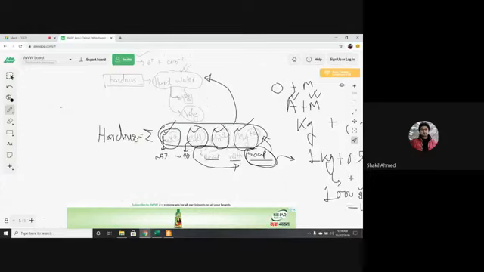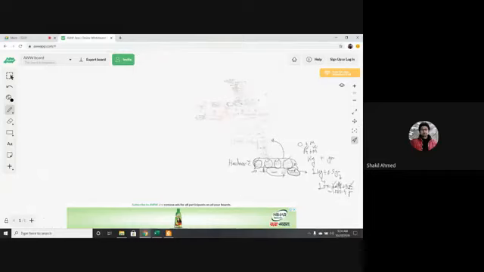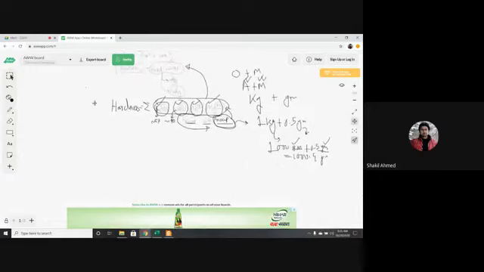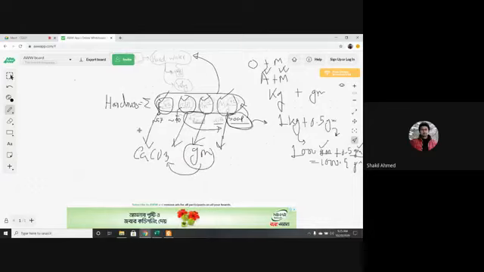What we do for that purpose is express all of them in terms of calcium carbonate. That means you convert them, for example, in terms of gram, and then we add them.